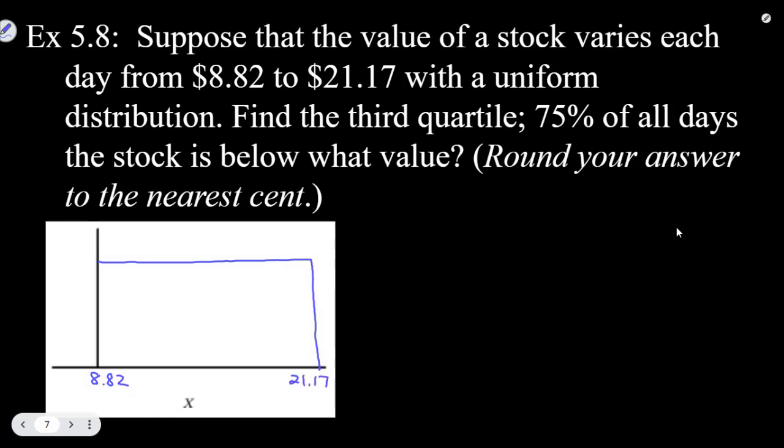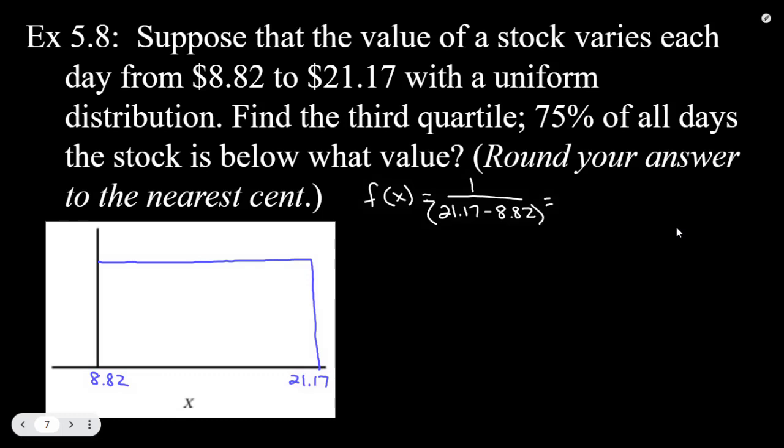So our first step again is to find the value of f of x. So f of x will be 1 over, and then we take the upper boundary, 21.17, minus the lower boundary, 8.82. Let's go ahead and do that on the calculator. If you're going to do it all at once, you're going to want to put parentheses around this.